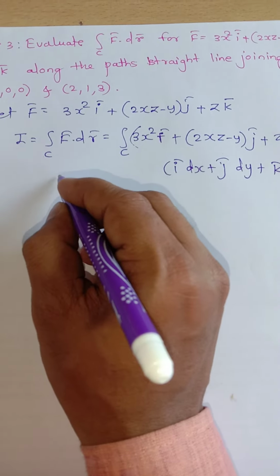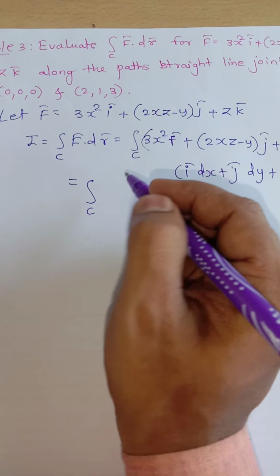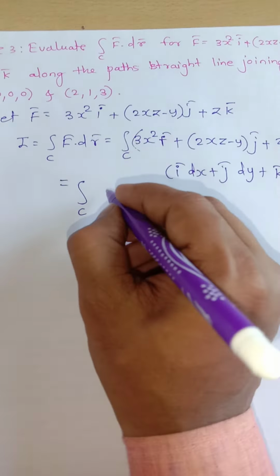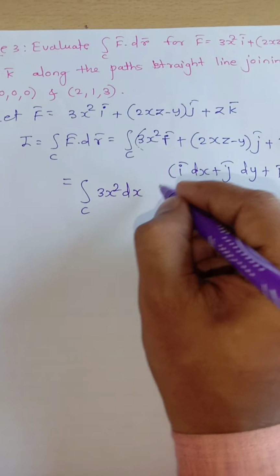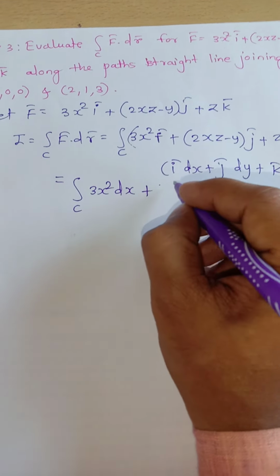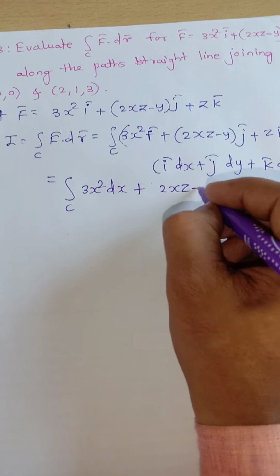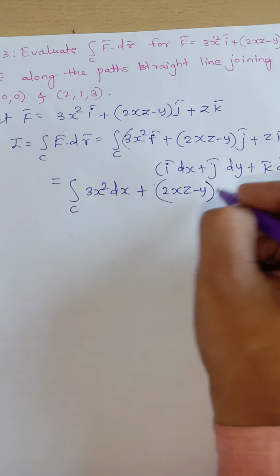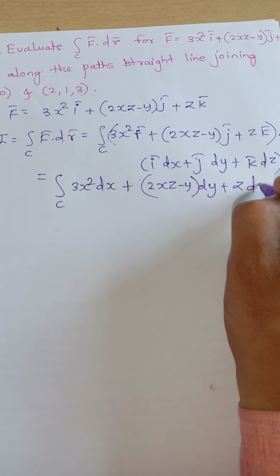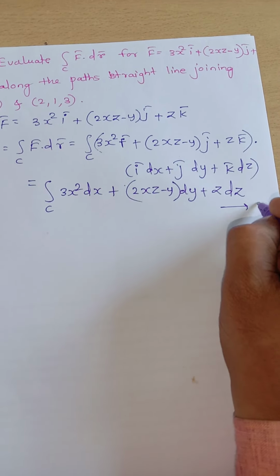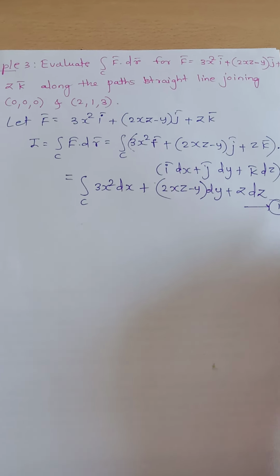So this is equal to the integration over C of 3x square dx plus (2xz minus y) dy plus z dz. Call this equation number 1.